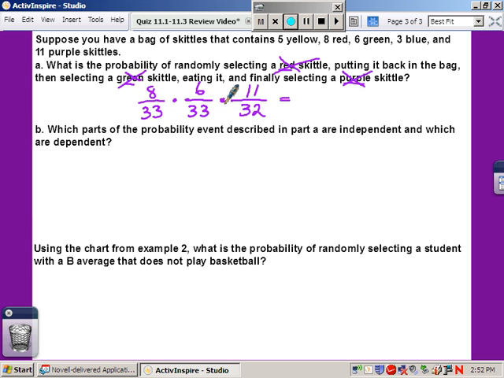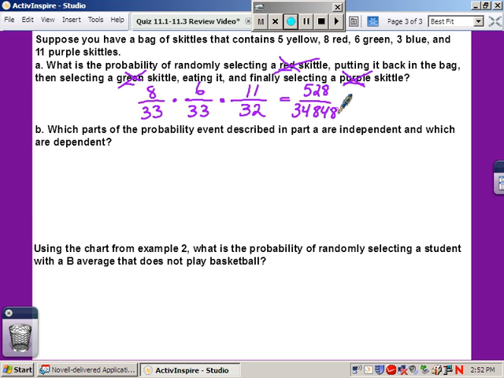8, 6, and 11. I get 528. Then 32, 33, and 32. I get 34,848. Okay, a big fraction like that, if I can help it, I want to get rid of.